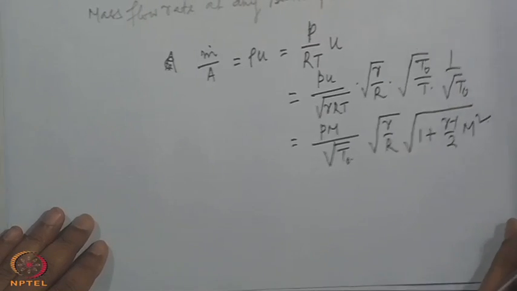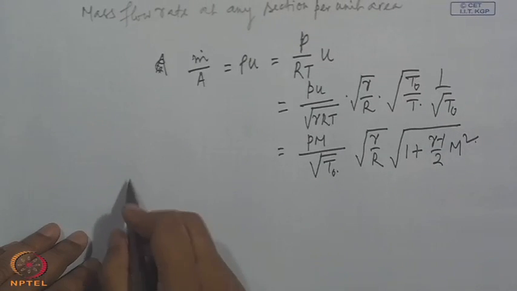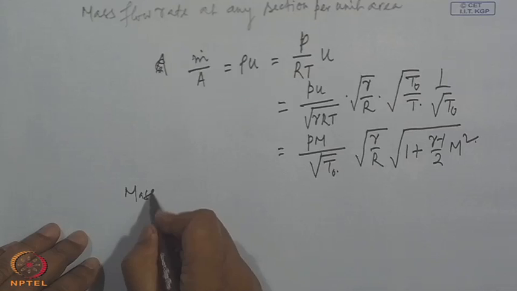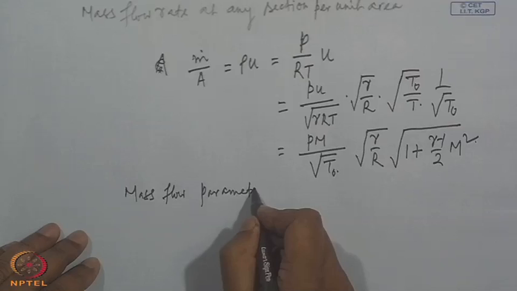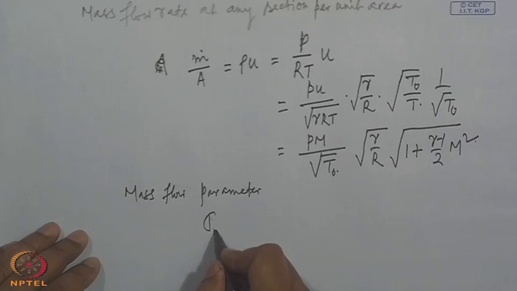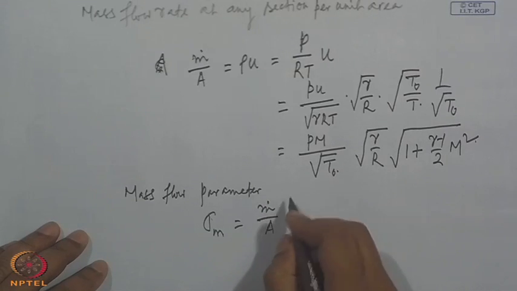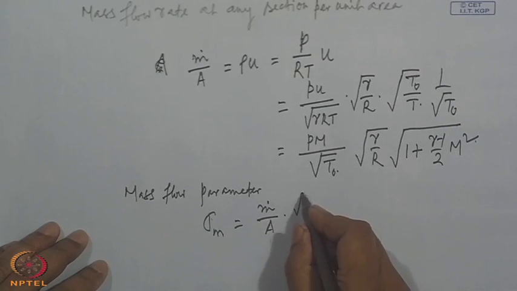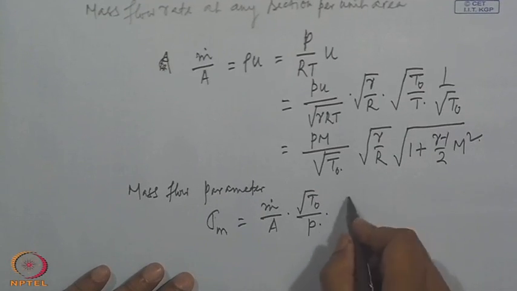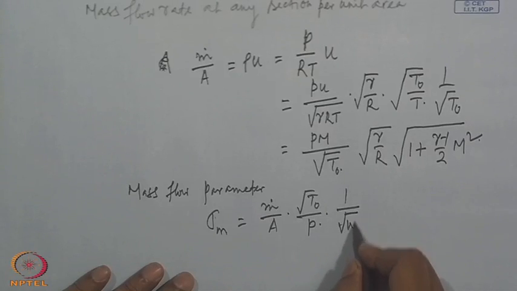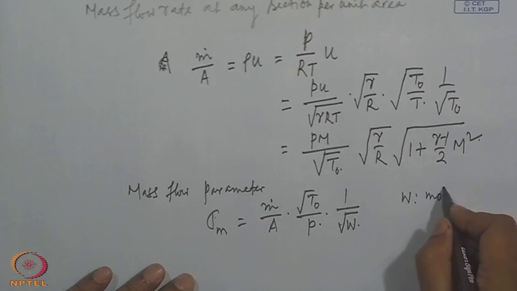Now, in turbo machineries, quite often a mass flow parameter is defined. A mass flow parameter sigma m is defined as m dot by A into root T 0 by P into 1 by square root of W, where W is molecular weight.